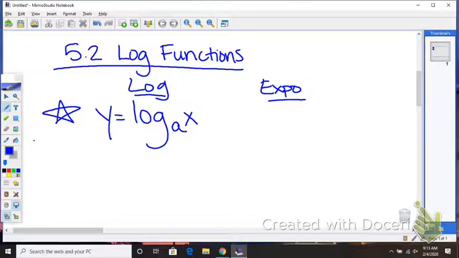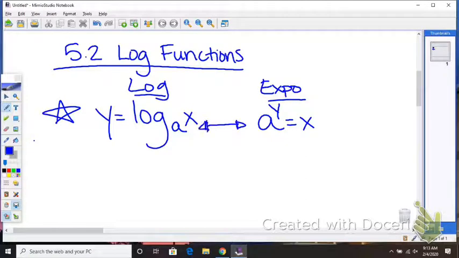Now I'm going to start with this log base A of X. What do you think the base is over here in the exponent? A. For log base A of X, the base is A for the log function. The base is also A for the exponential function. And this is A to the Y power equals X. These two interchange.